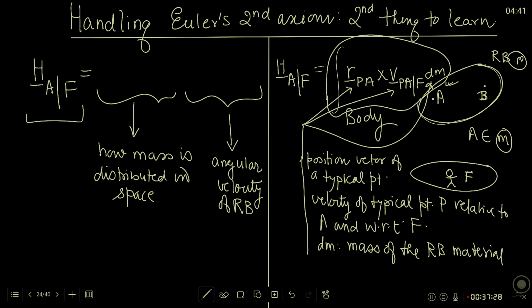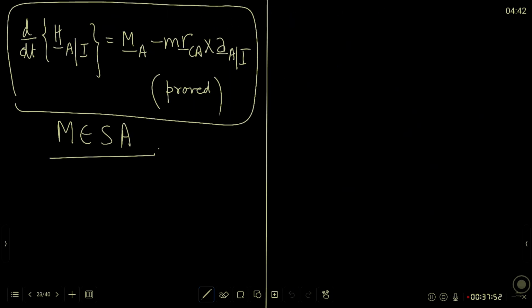Not impossible, but algebraically it is complicated. And remember that in Euler's second axiom, it's not only the angular momentum that is going to appear, but it is the rate of change of angular momentum. It means that even if you are ready to compute that integral for a given instant, that is not enough. For the very next instant also you will have to repeat this computation of the integral. So it is a very tedious task.